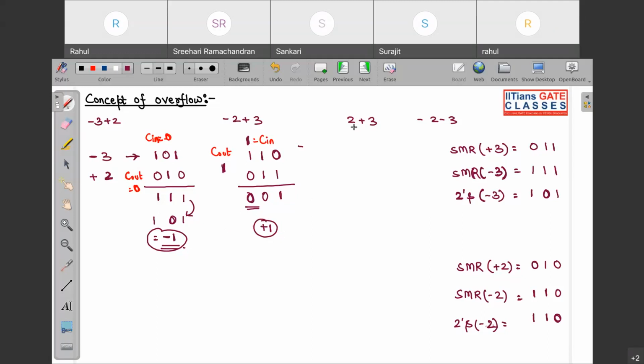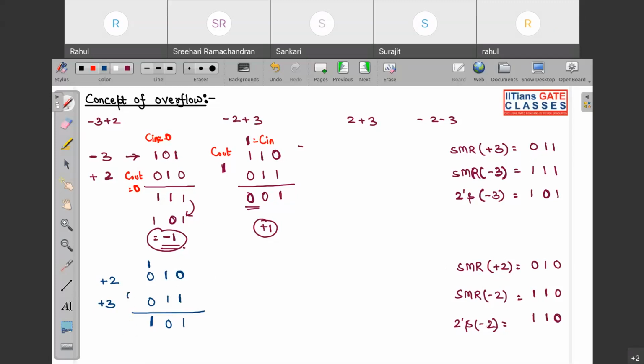Now see, when I add 2 plus 3. Plus 2 I have already written, it is what? In 2's complement it will be same as sign magnitude representation. And plus 3 will be what? 0 1 1. Add these 2, so this is 1. 1 plus 1 is 0, carry is 1, so this is 1. Now you can see what?